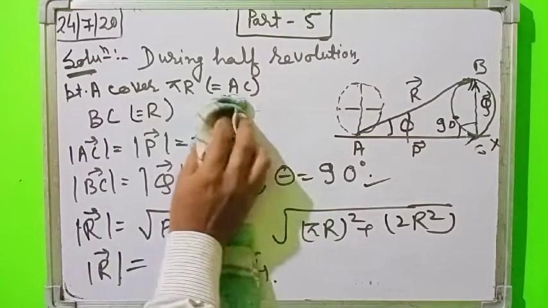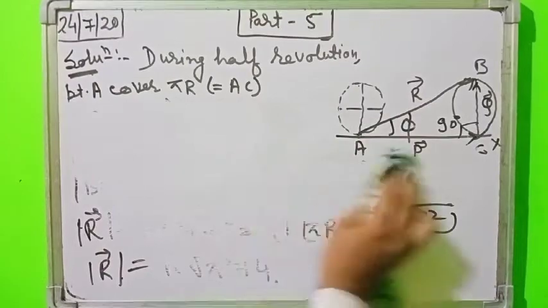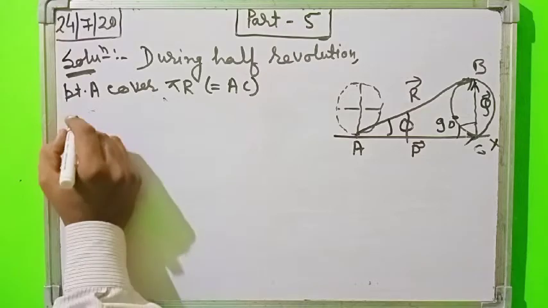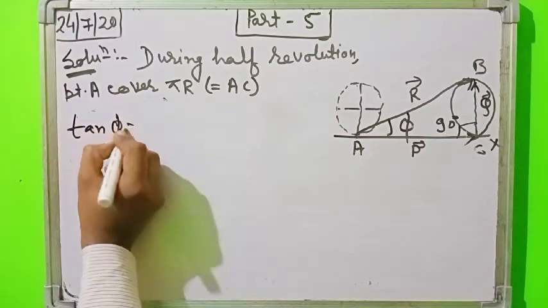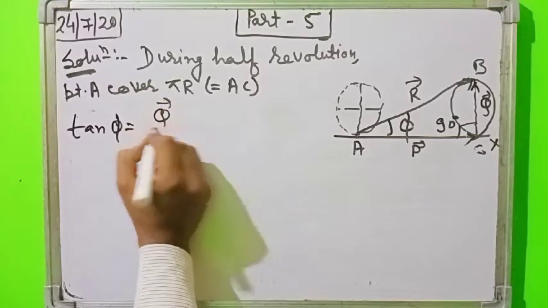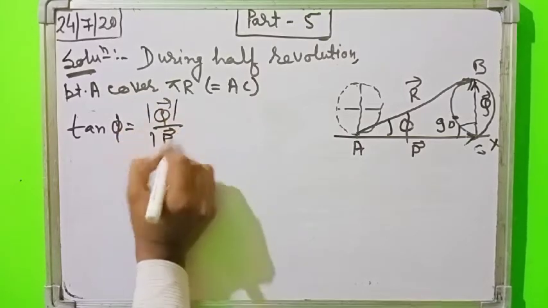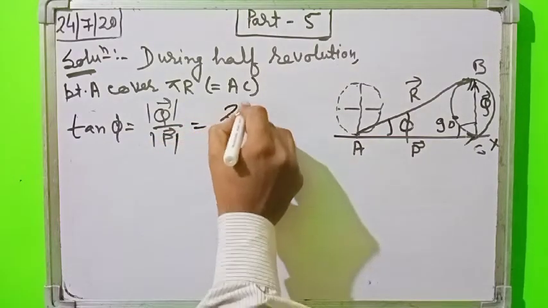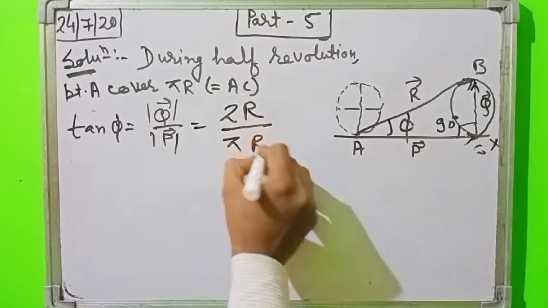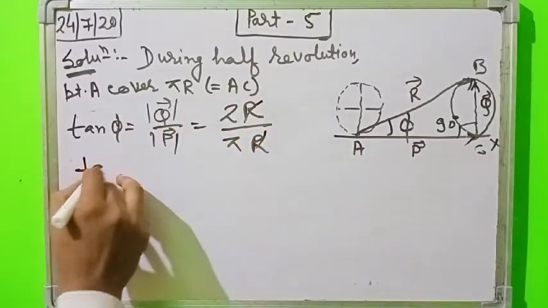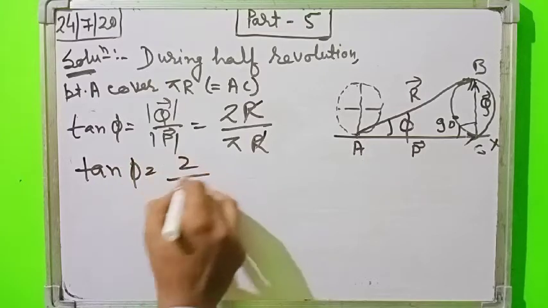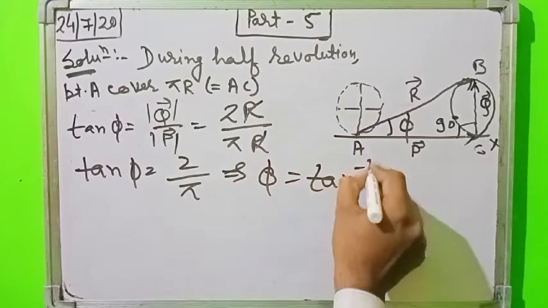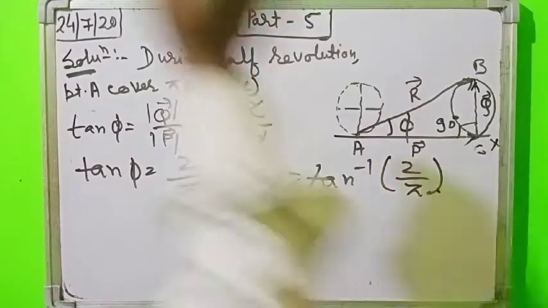Tan phi is equal to the magnitude of Q vector upon the magnitude of P vector, and the magnitude of Q vector is twice r, and the magnitude of P vector is pi r. R and r cancel, then tan phi is equal to 2 upon pi, and from here phi is equal to tan inverse of 2 upon pi.